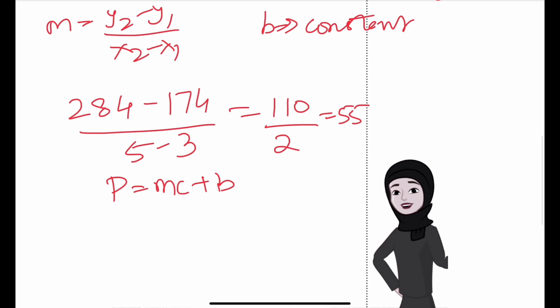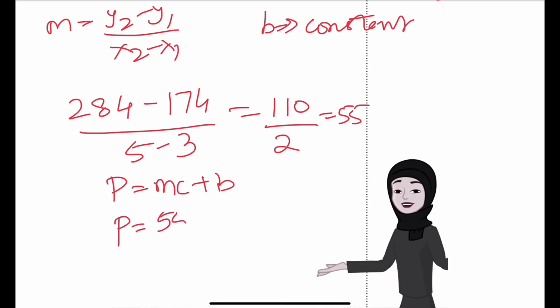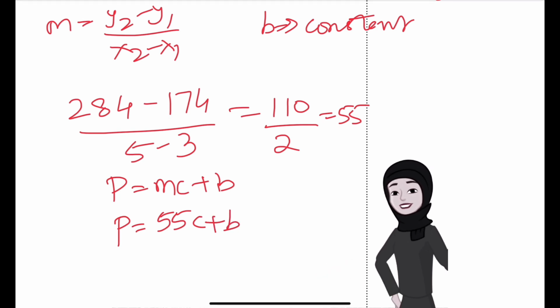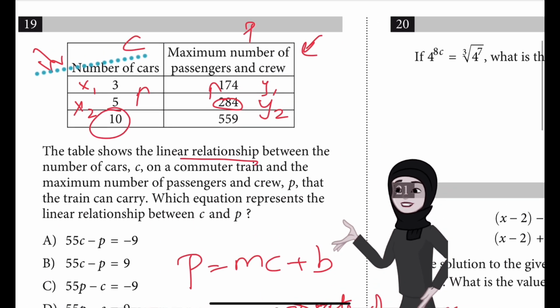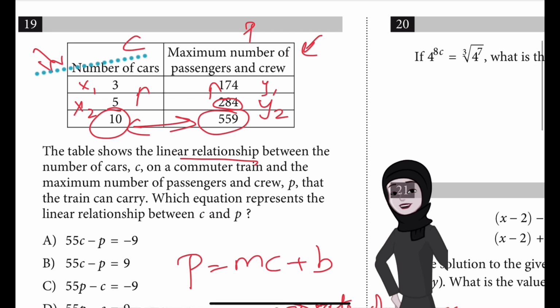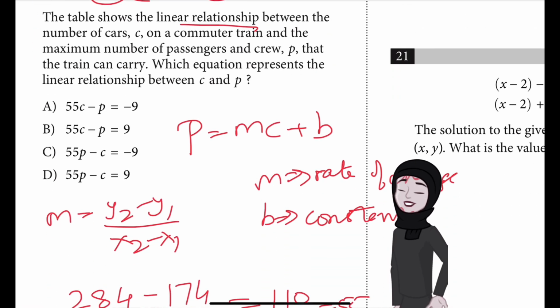So we also need the y-intercept because it's a linear relationship, and now we know the slope, which is 55. So substituting 55 c plus b. Now the value of b can be found by substituting any value of c and its corresponding value of p for c and p respectively in this equation. So we can use the last 10 and 559, let's say.